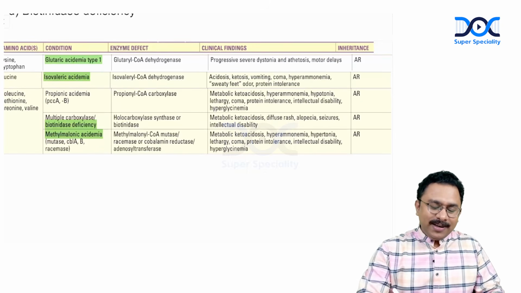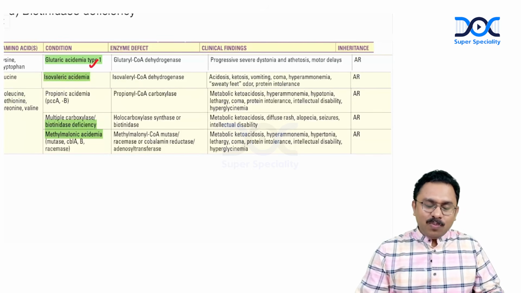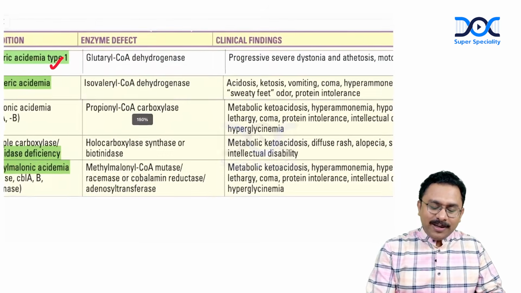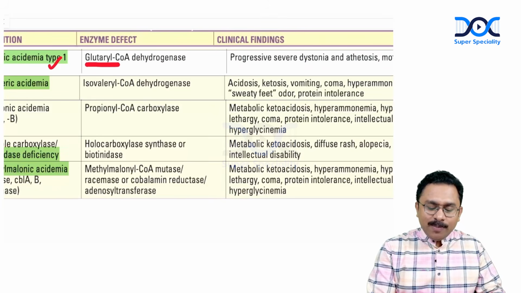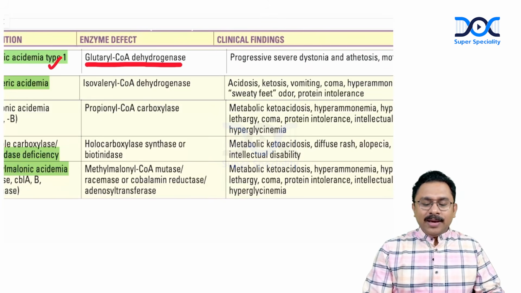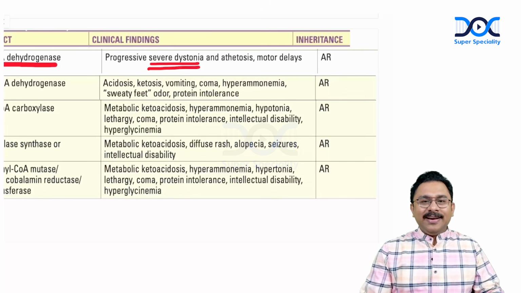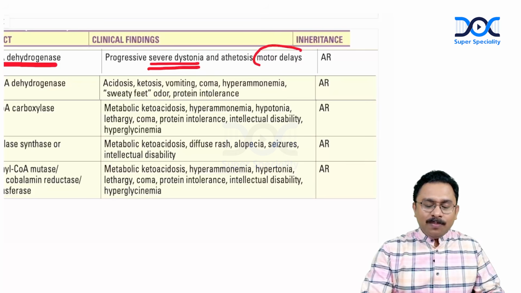You can see that glutaric acidemia type 1 occurs due to an enzyme defect. And what is that enzyme defect? Glutaryl coenzyme A dehydrogenase. And patients can present with severe dystonia and other movement disorders like athetosis, along with motor delays.